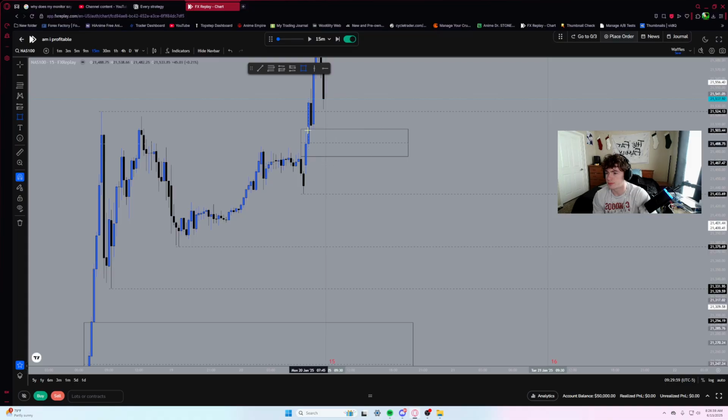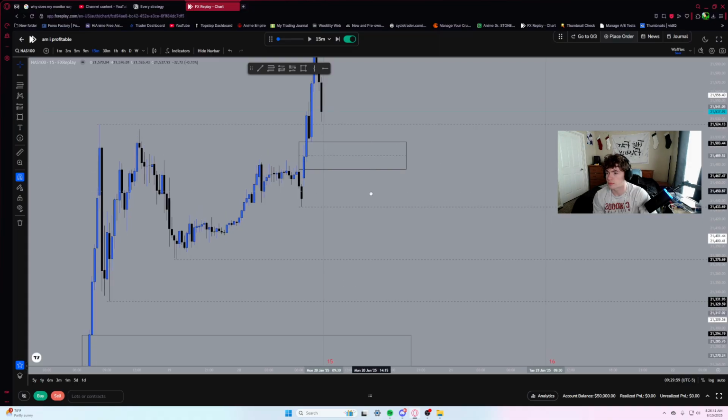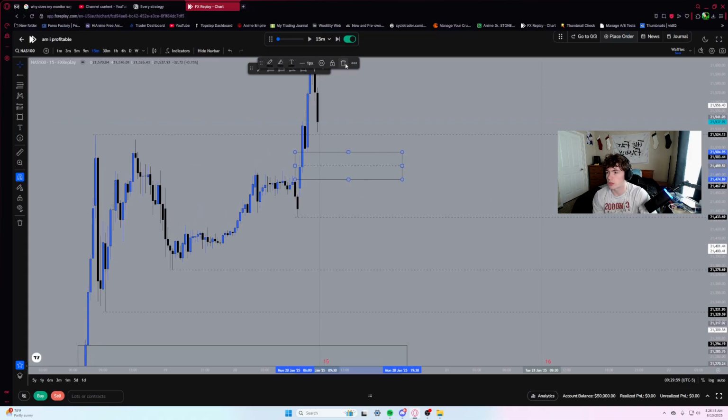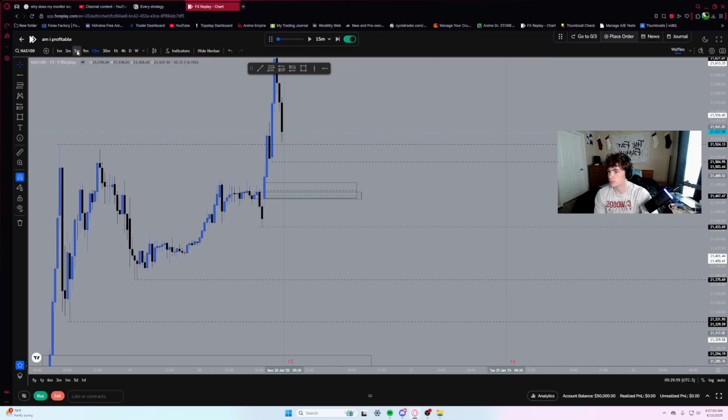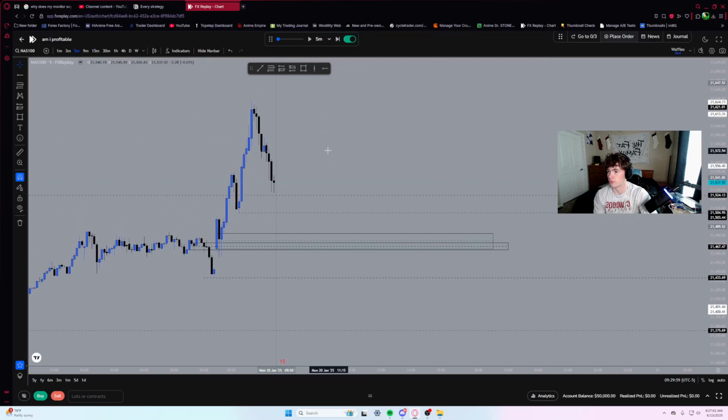Here we go. So I'd rather mark out this swing point and this fair value gap. We also have this high time frame breaker block. So I would like to short before it gets to there.